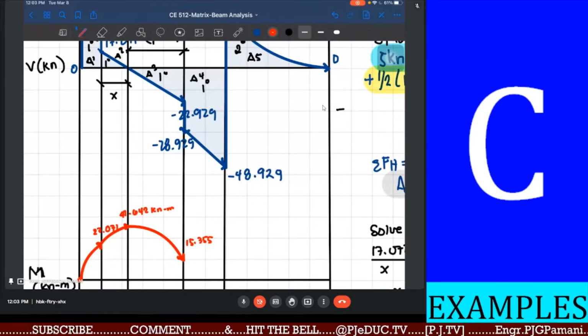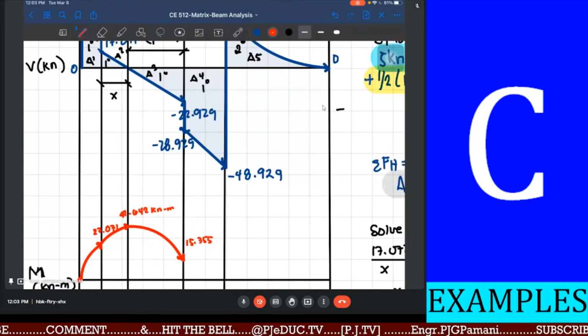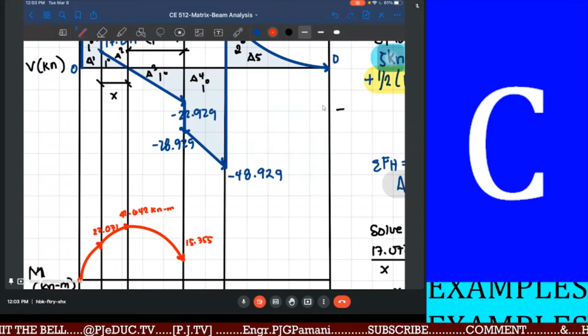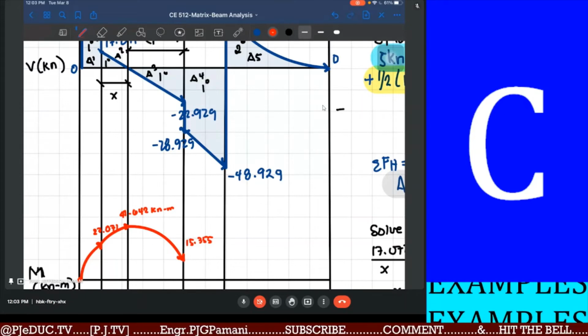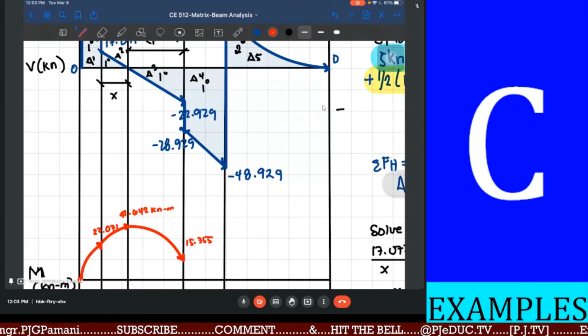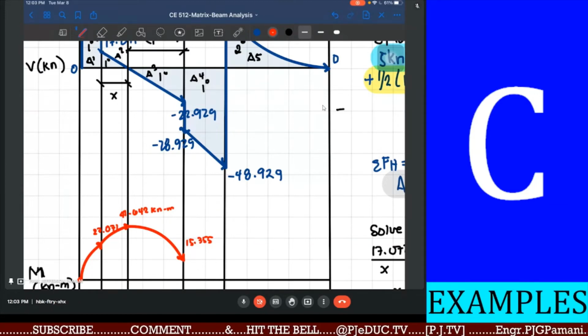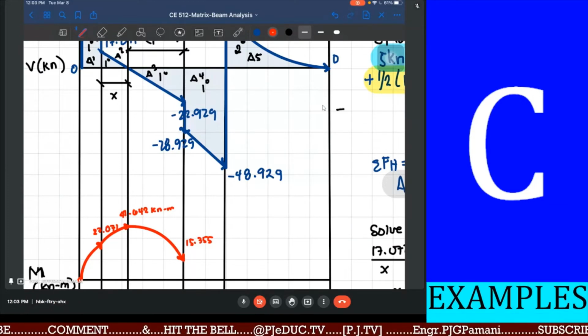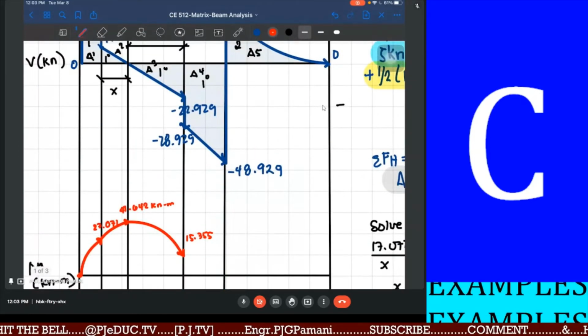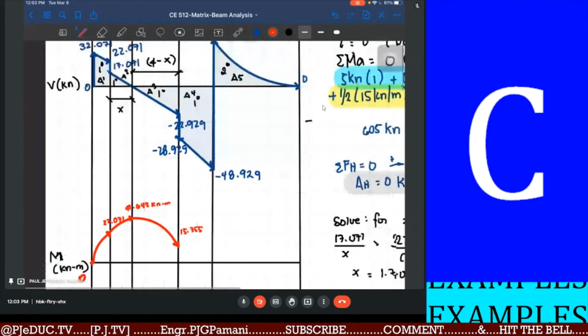15.355 minus the area of the trapezoid, 28.929 plus 48.929 over 2. Base is 2 meters. Tama ba? Oh, yeah. Base is 2 meters. Okay?